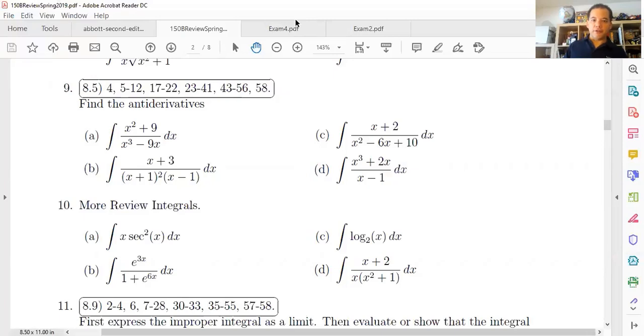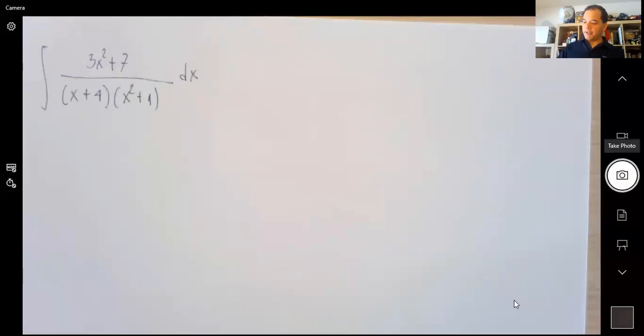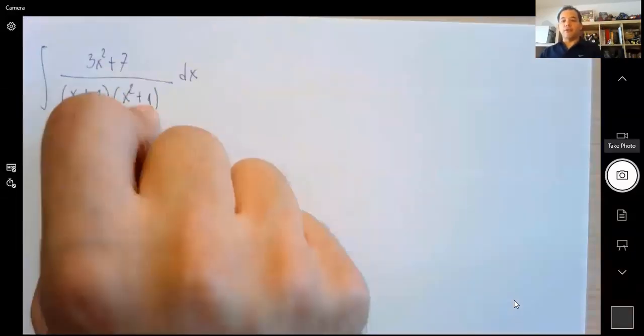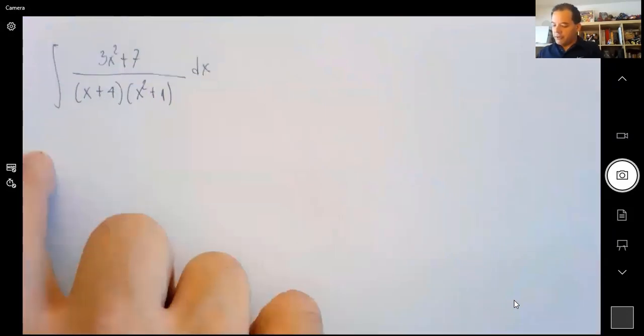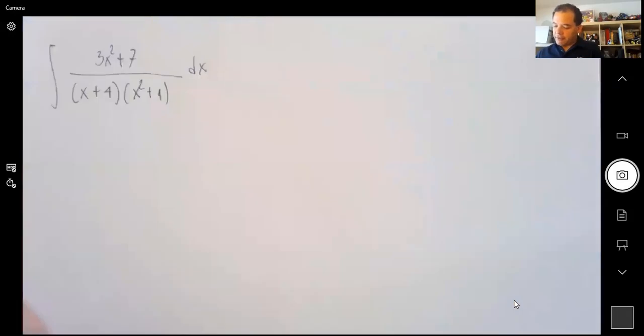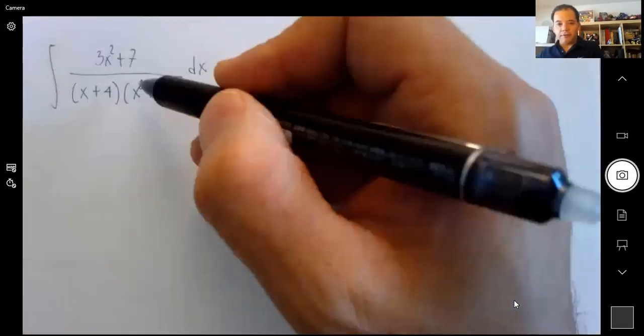It has to be a rational function. You need to make sure that the degree of the top is less than the degree of the bottom. If not, you need to do long division. Chances are that in the final you won't get that, but just to make you aware. Here we're good because the degree on the top is less than the degree on the bottom.